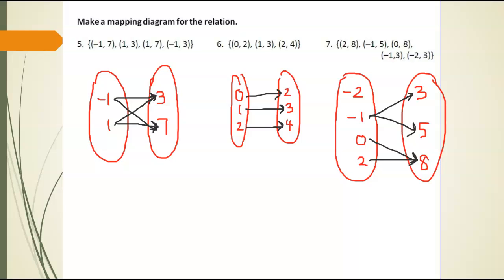And -2 to 3. So in order to be a relation, every value in the domain must map to at least a value in the range, and a range must map to a domain.